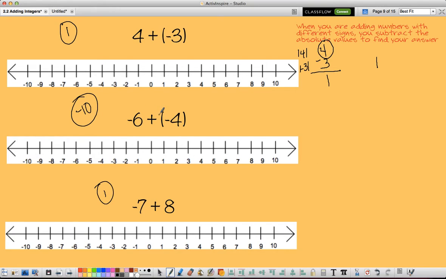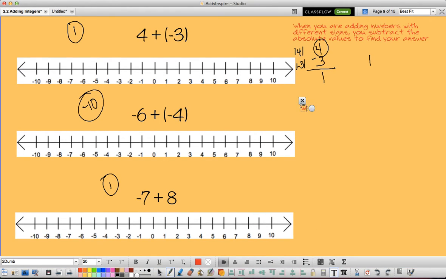Well, here I have a negative plus a negative. When your signs are the same, you just add and keep your sign. So when adding numbers with the same sign, you add and keep the sign. You add the absolute values and keep the sign.